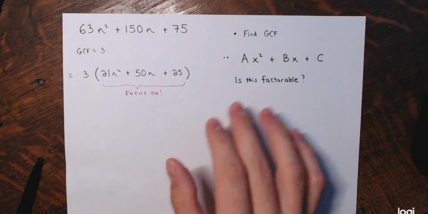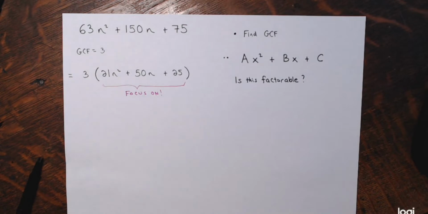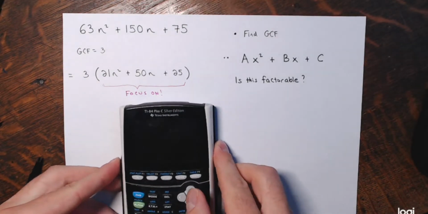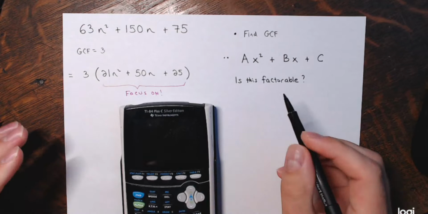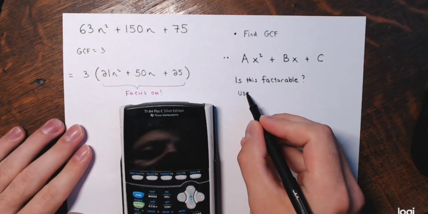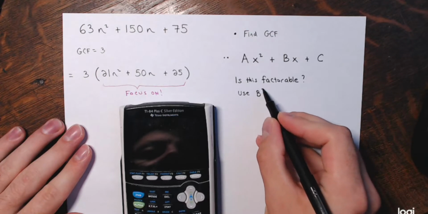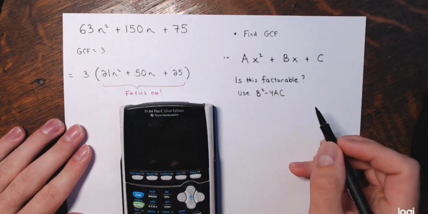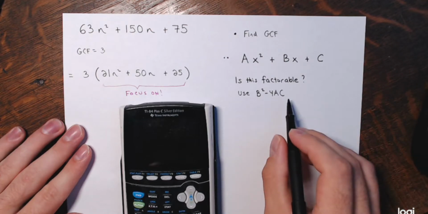Now, this method I'm going to put up for you here is not mentioned in our text, so again, you don't have to do this, but I like to use the b squared minus 4ac method. This just tells me if it's factorable or not.